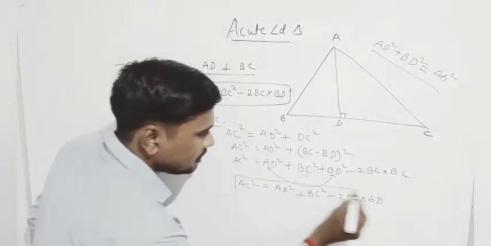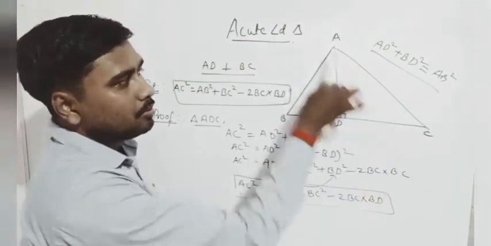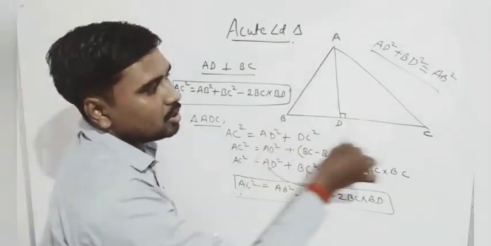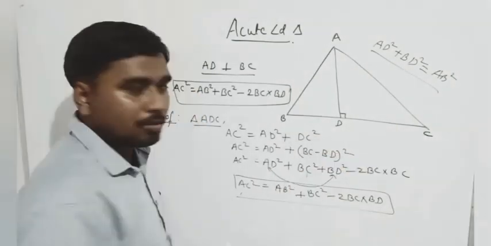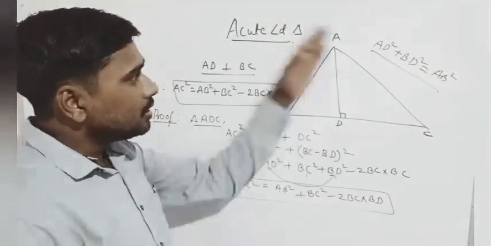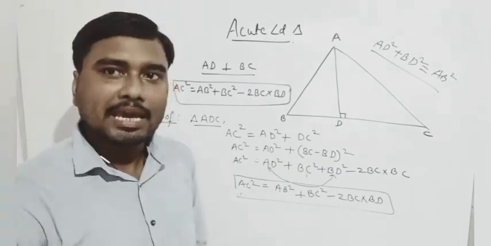Clear? So this is what we have to prove. AC square is equal to the remaining two sides, AB square plus BC square minus 2 into BC into BD. Clear? Similarly, the same type of concept applies to the obtuse angle triangle. This is the concept of acute angle triangle.